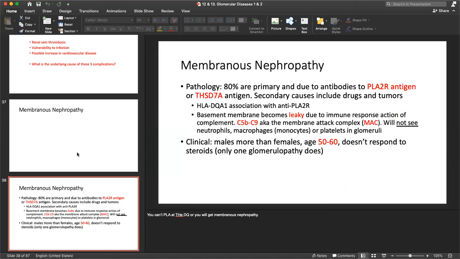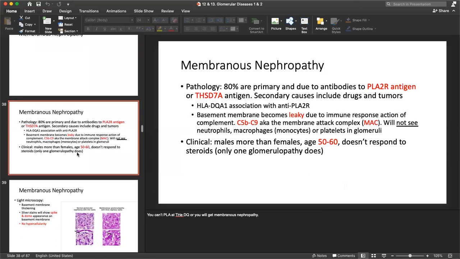Okay. So we're going to start with membranous nephropathy, one of our big ones in adults. As you have already found out, it's important to know these antibodies, they're like the markers. So antibodies to PLA2R antigen and THSD7A antigen are important in membranous nephropathy.